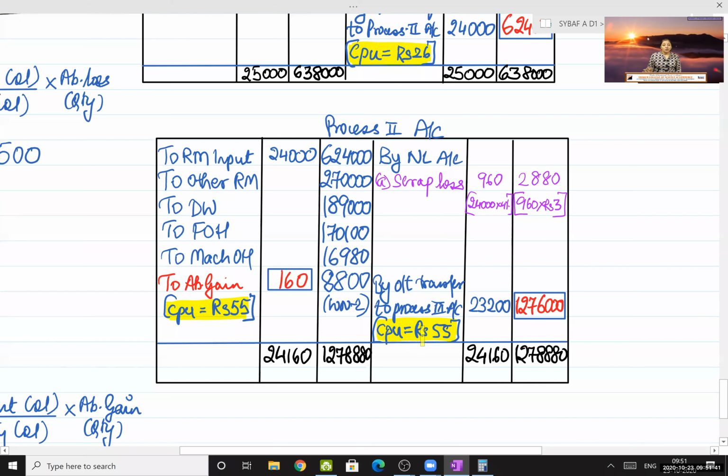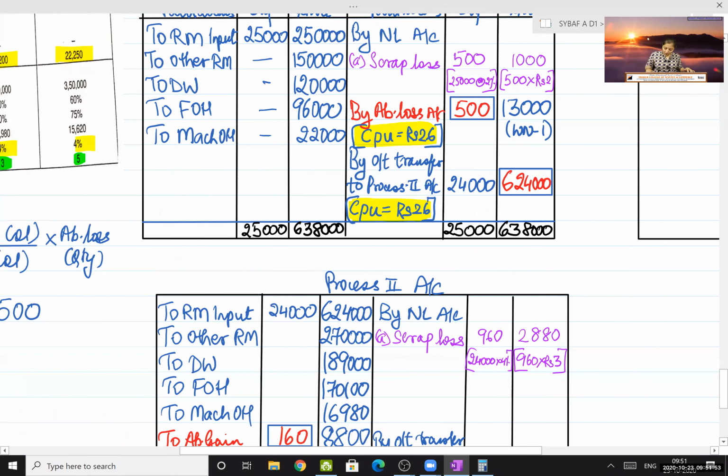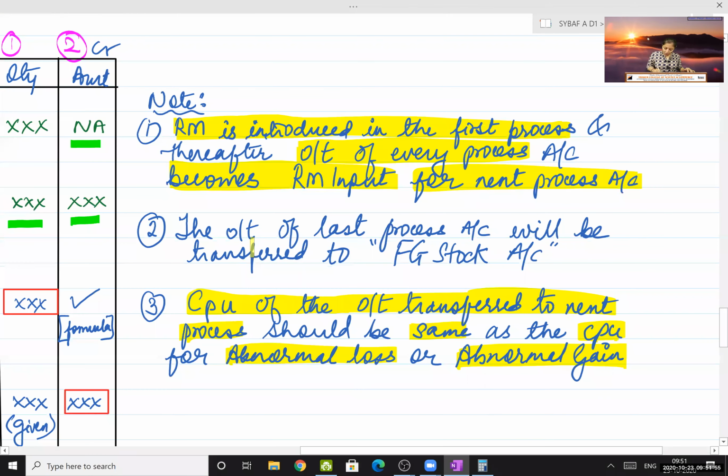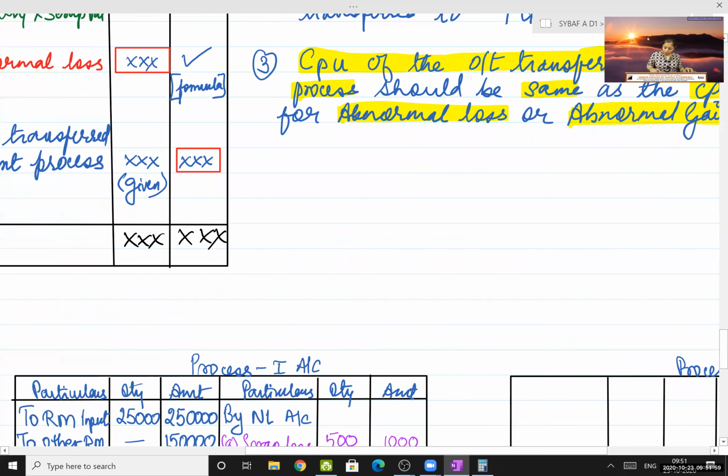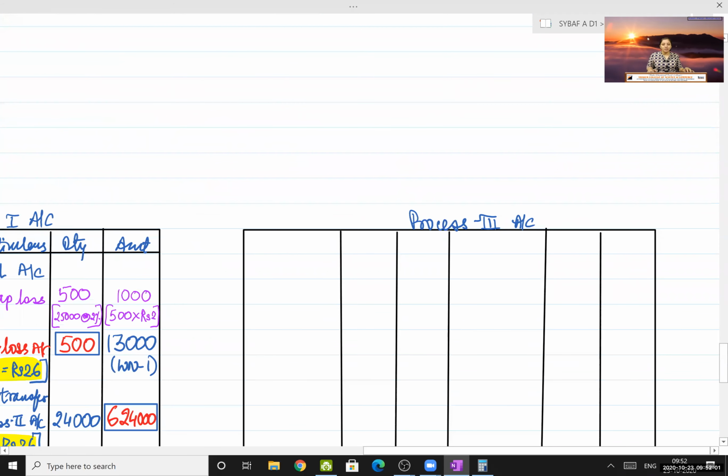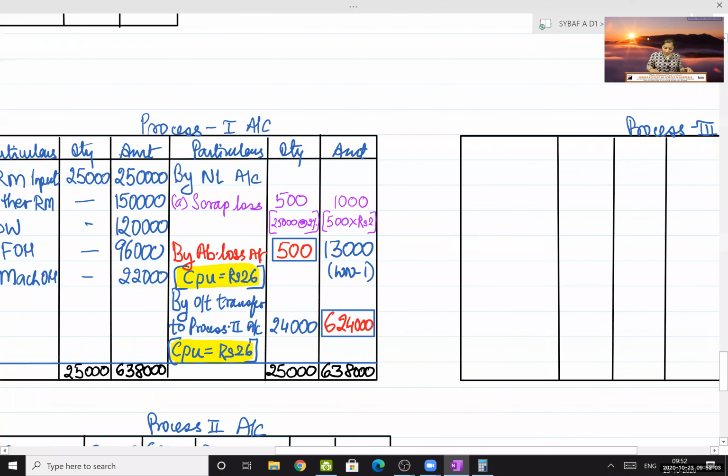So point number 2 जो है, note number 2 which I gave last lecture, I will justify that in the next lecture. क्योंकि अभी हमारा last process बाकी है ना, वहाँ पे क्या बोला है? The balancing figure output of last process will be transferred to finished goods stock account. So I will come in the next process and then I will do that. Okay?